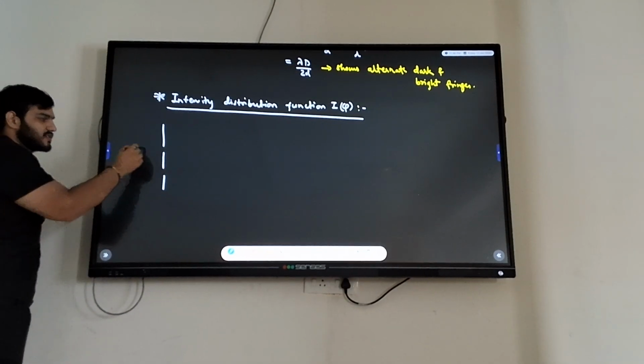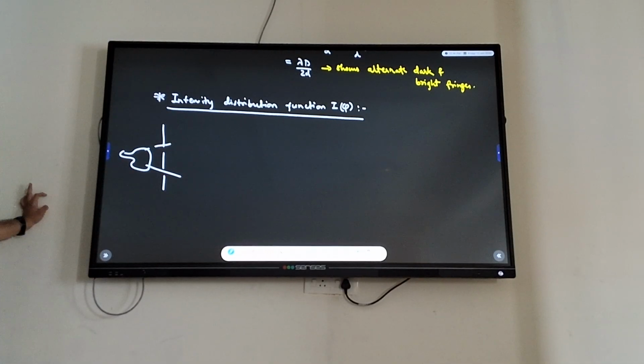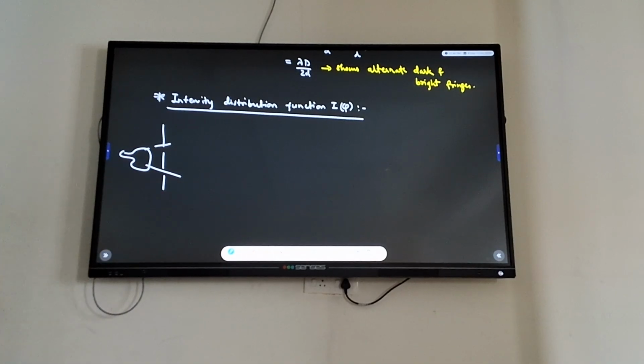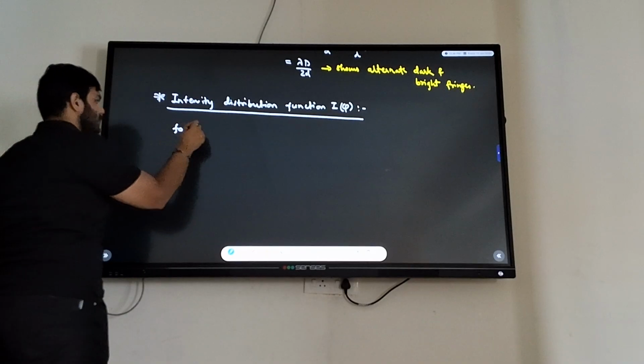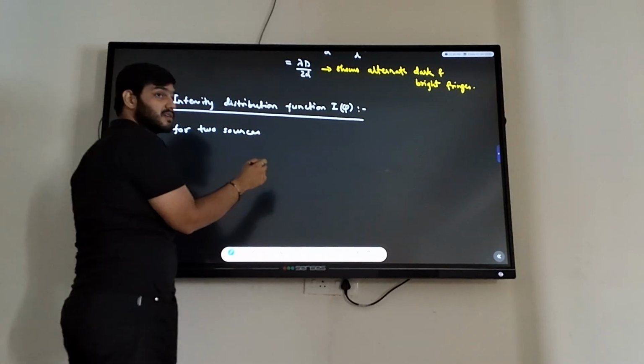Put a bulb here, and its light will go here and here. Then it will act like a coherent identical source. Isn't it? It's just a single source mimicking two sources because there are two slits. Do you understand this?